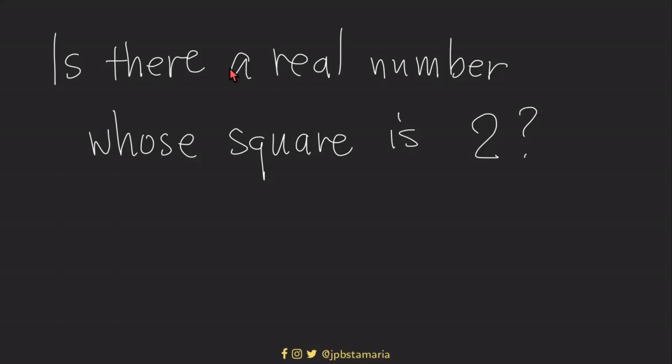And dahil nakapag-exhibit ka na ng example, bibigyan na natin sila ng pangalan. Tatawagin na natin sila ngayong mga irrational numbers. Pero bago natin yung magawa, kailangan muna natin masagot yung tanong na to. Meron ba talagang mga real numbers na ang square ay 2?